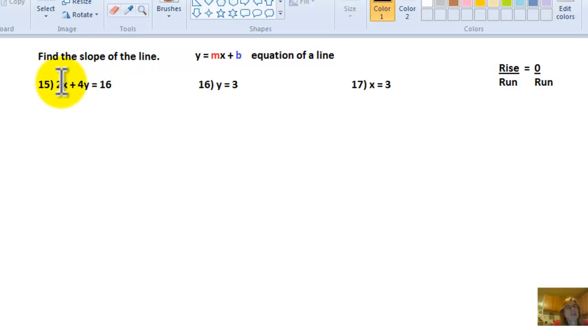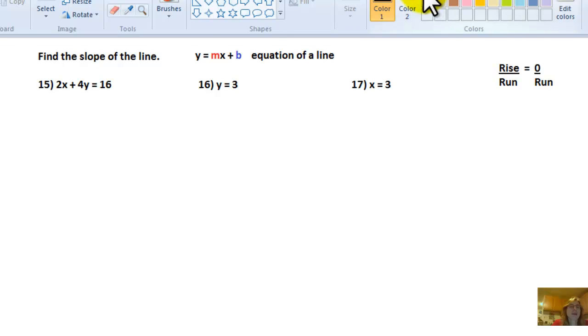Here, it doesn't look anything like that. But if we rearrange the problem to solve for y, then we will have this format. So we just do algebra to begin to rearrange the problem to solve for y.